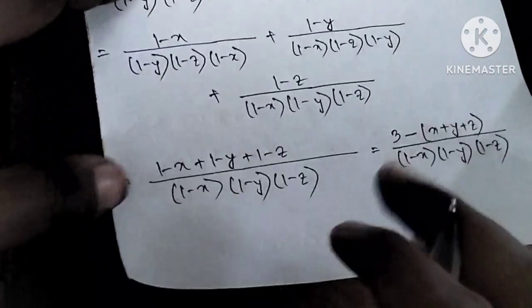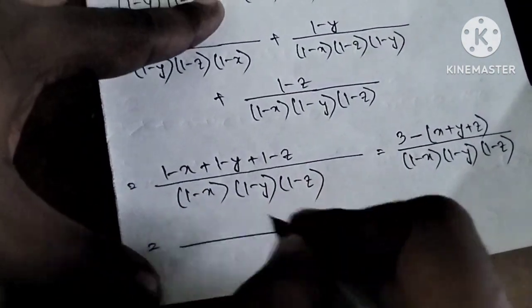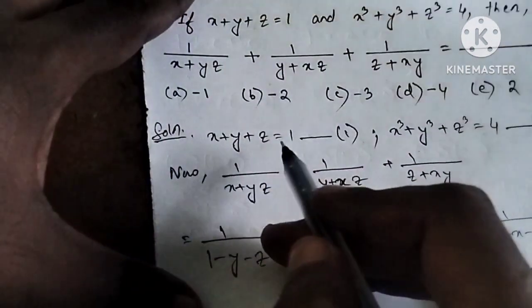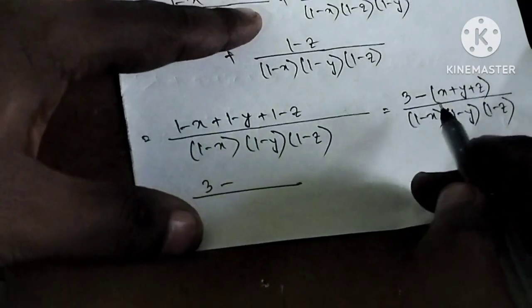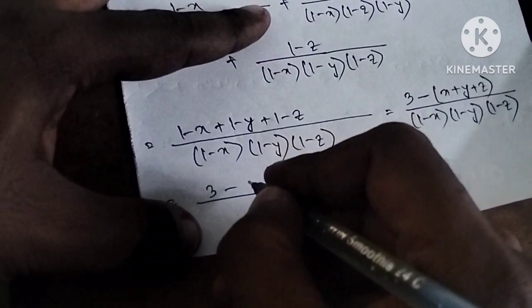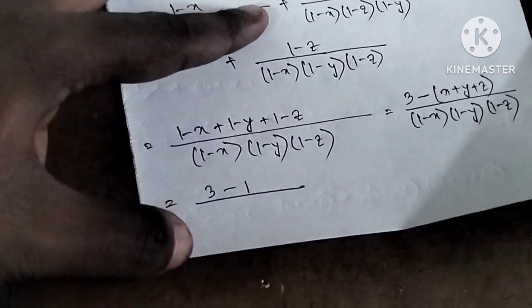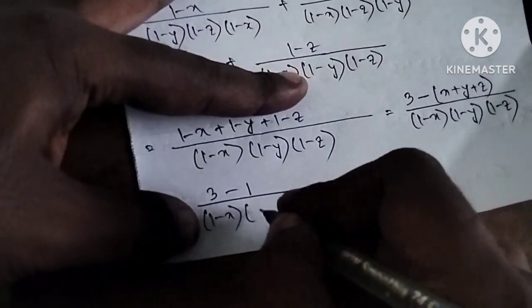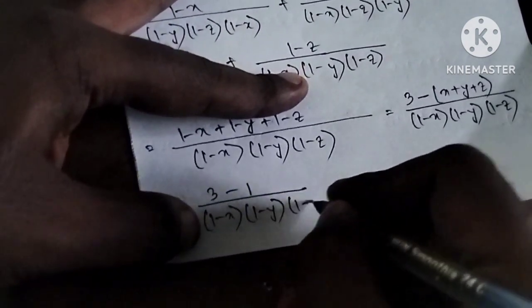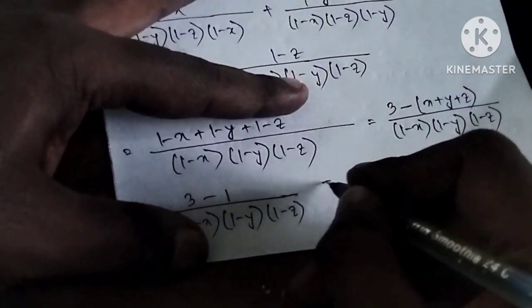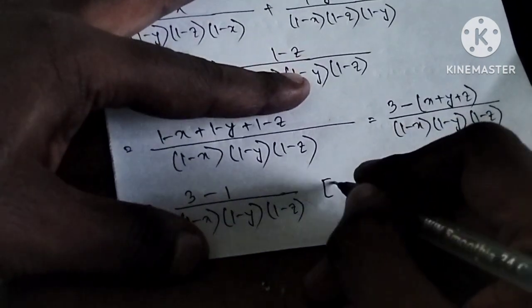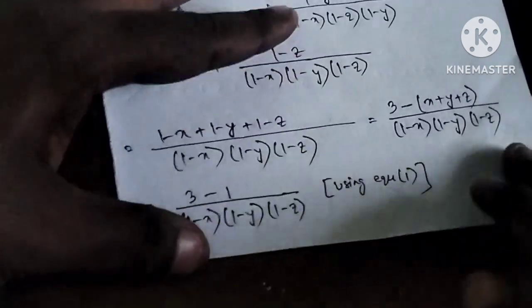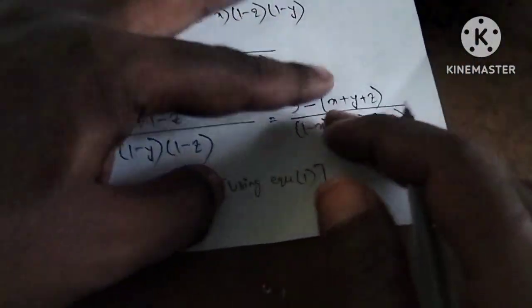Now in equation 1 we saw x plus y plus z is equal to 1. So here I can replace x plus y plus z with 1. 3 minus 1 over 1 minus x into 1 minus y into 1 minus z. We got the value of 1 using equation 1.